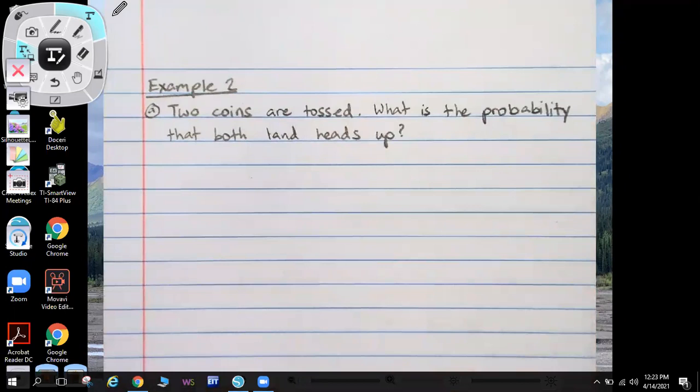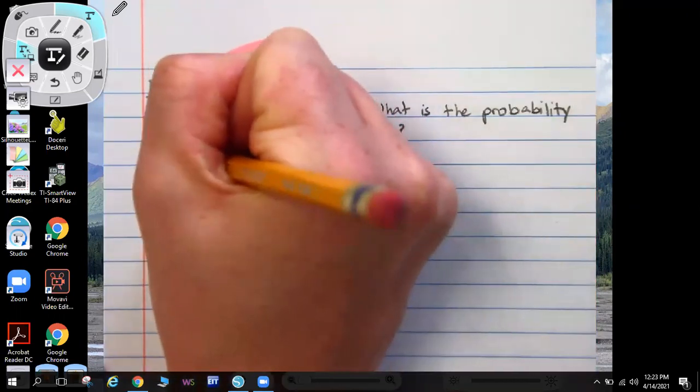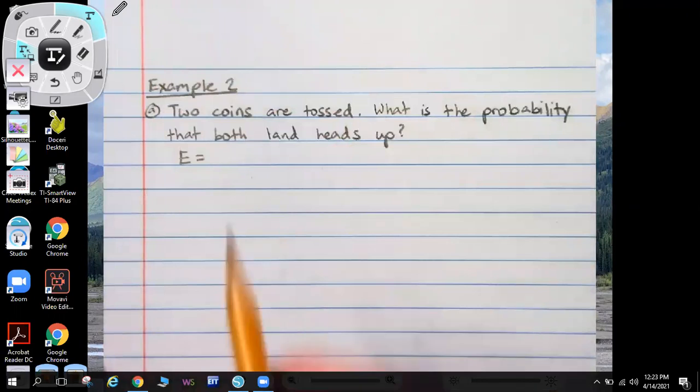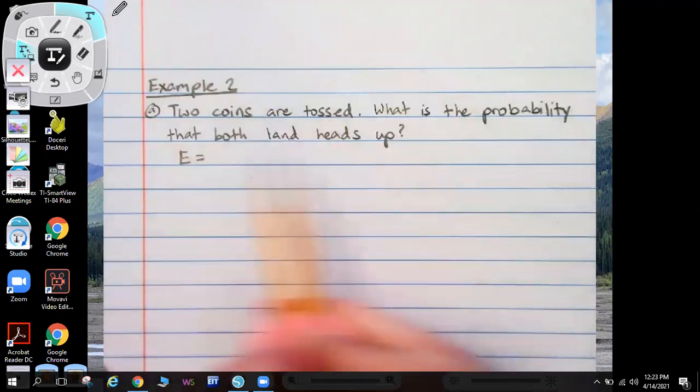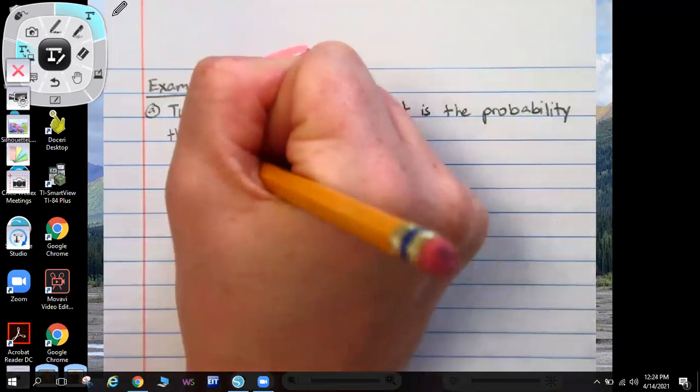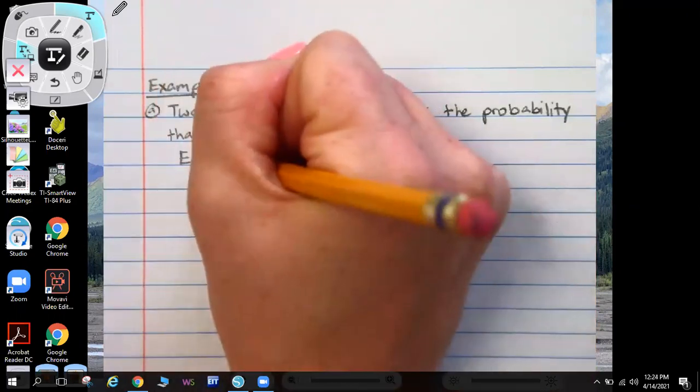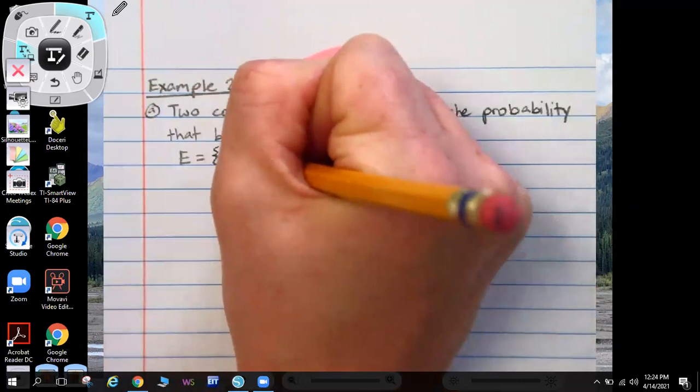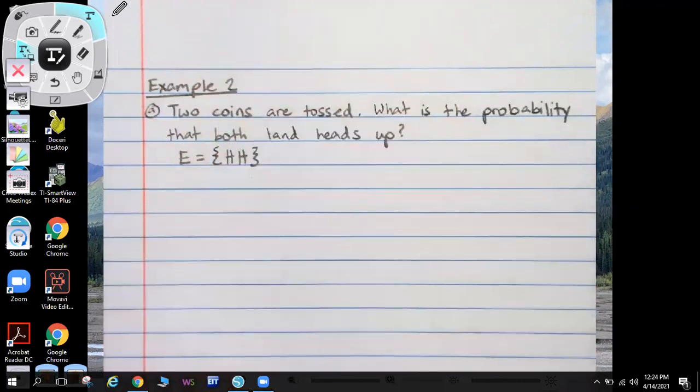What is the probability that both land heads up? So E, this event that we're being asked about, the only outcome that would make this event true is if both coins land on heads. There's just one outcome that would make this event happen.